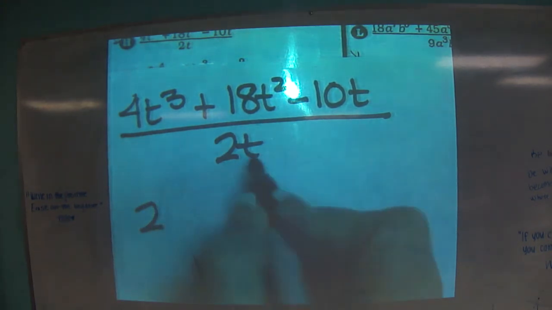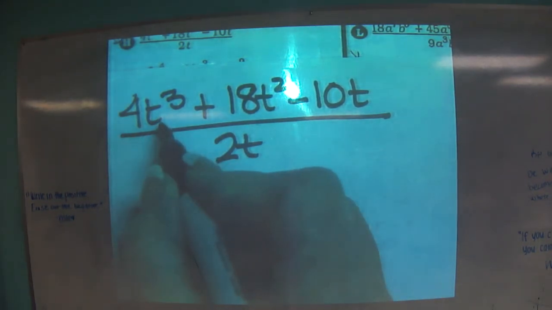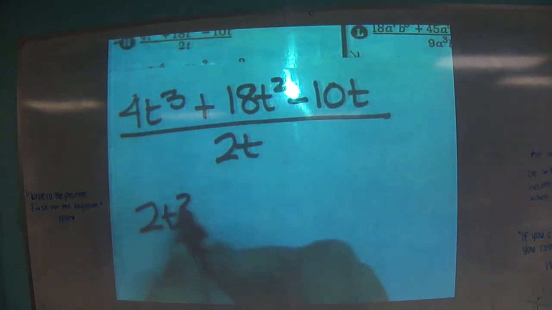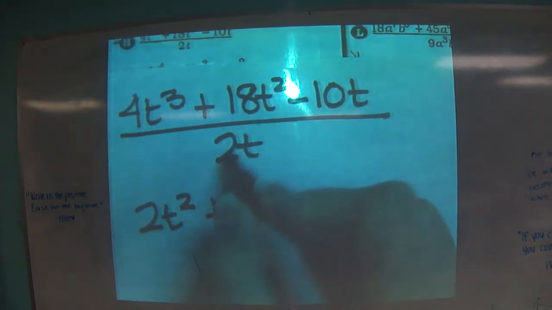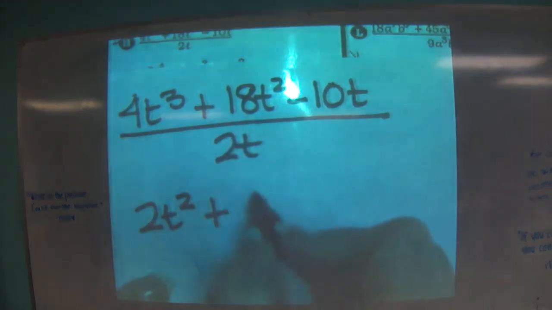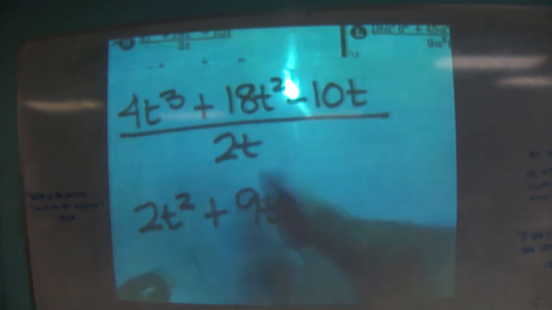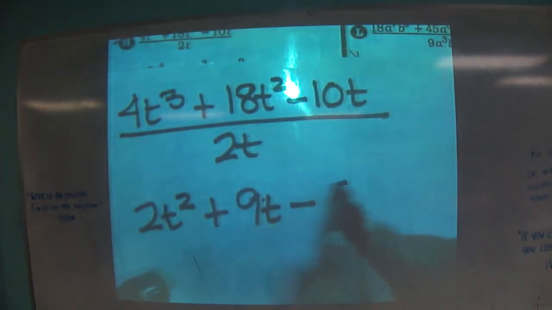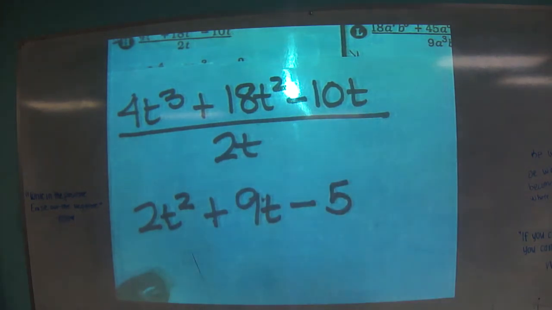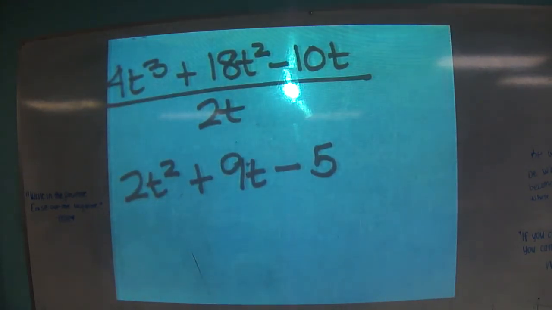How many t's in t to the third? t squared. Plus, how many 2's in 18? 9. How many t's in t squared? 1. t to the first, but we don't write t to the first. Minus, how many 2's in 10? 5. How many t's in t? 1, so you leave it alone. You're done. Here, high five.